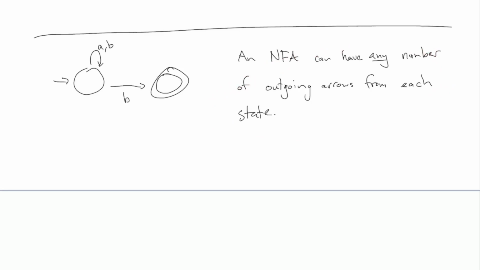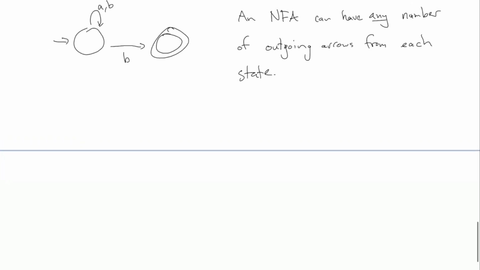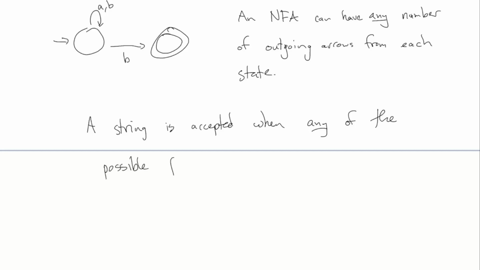All right, what I was saying is, when you look at this diagram and I ask you whether B is accepted or not, it kind of looks like sometimes it is and sometimes it isn't. But we don't like to talk about it in that way. So the definition of accepted is a little bit different on an NFA. A string is accepted when any of the possible final states are accepting.